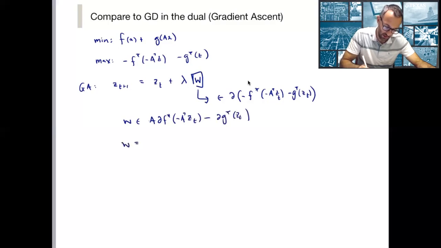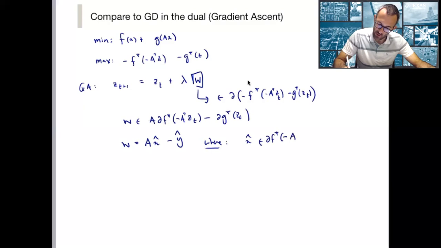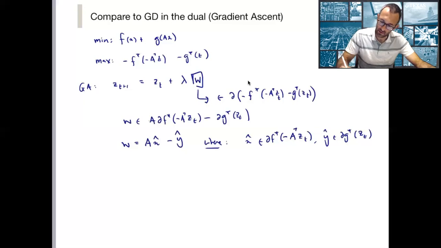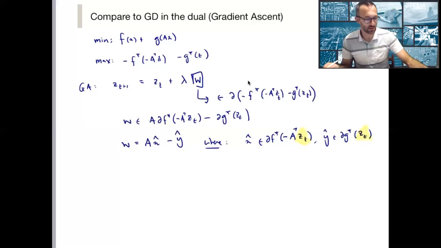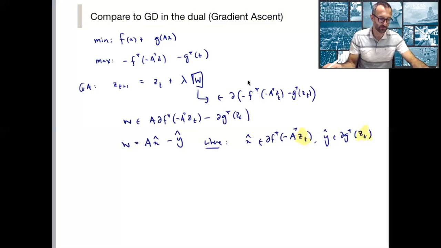So W is equal to A x hat minus y hat, where now x hat is an element of the subdifferential of f star at minus A transpose z_t, and y hat is an element of the subdifferential of g star at z_t. Again, this is the whole story here.